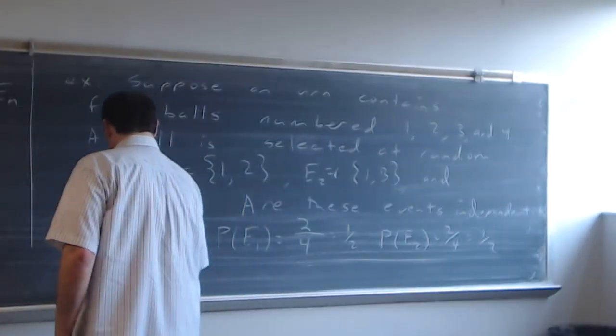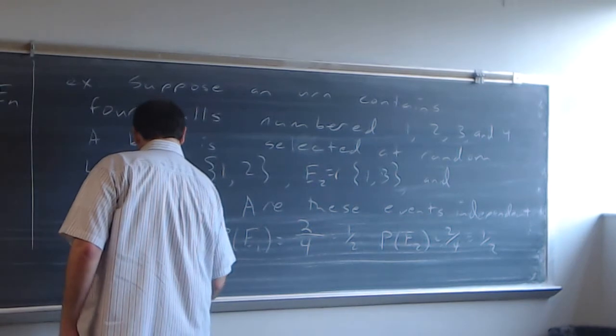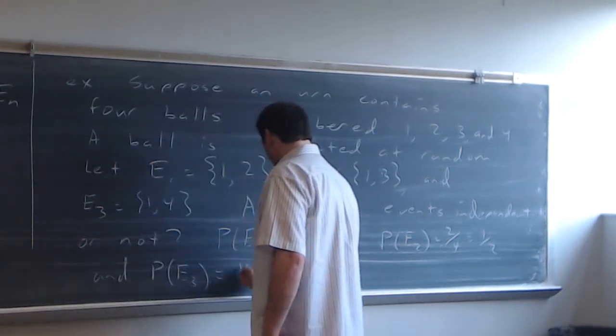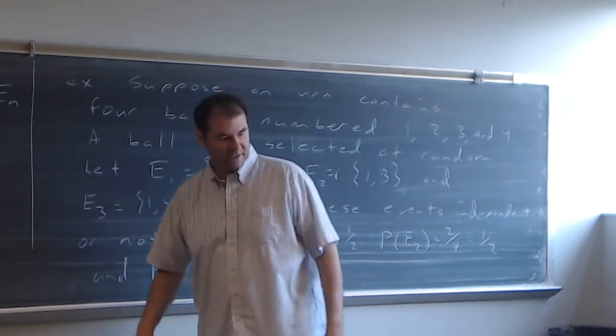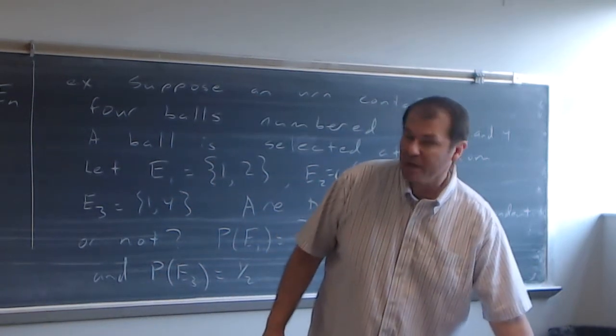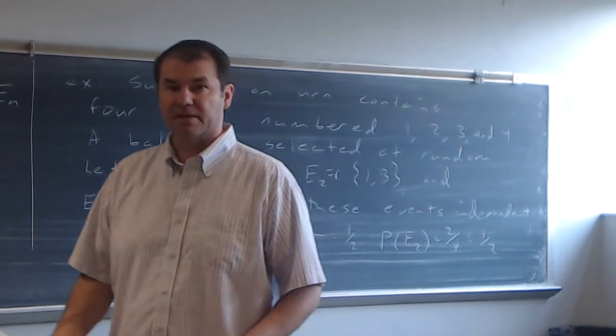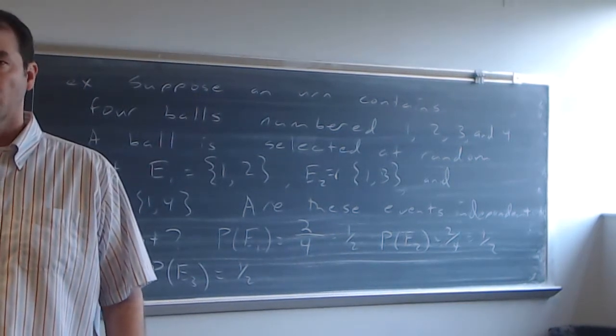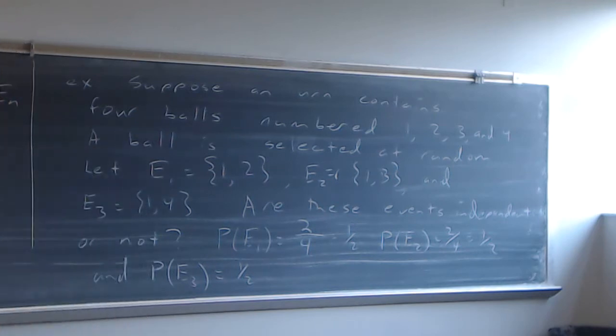And P of E sub 3 is equal to 1/2 as well. So that's something to note. And to check the independence here, anytime we take a sub-collection of more than one item from our collection E1, E2, and E3, when we intersect them, the probability of the intersection must equal the product of their probabilities.